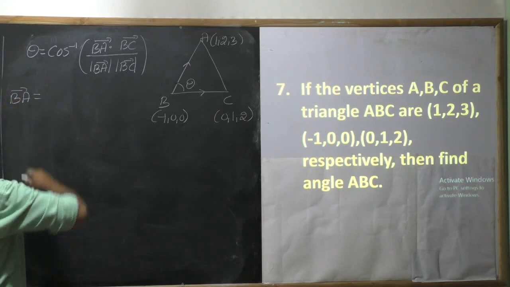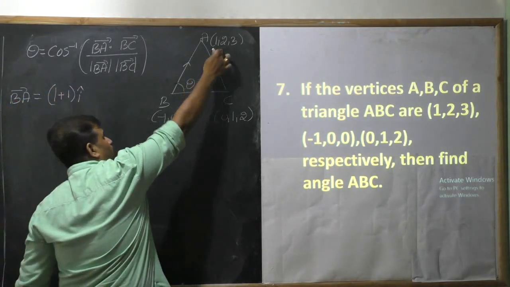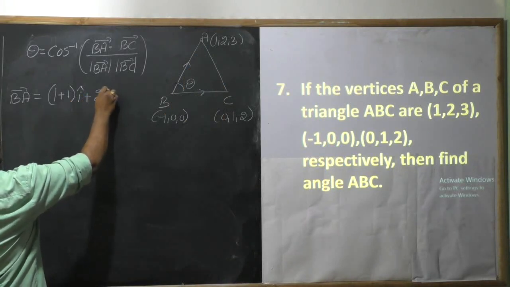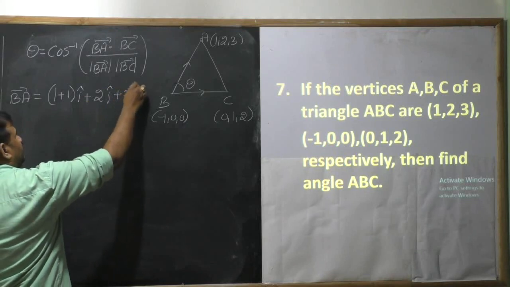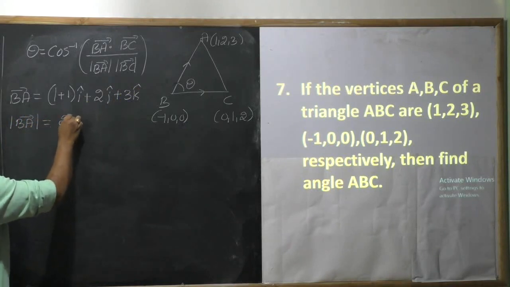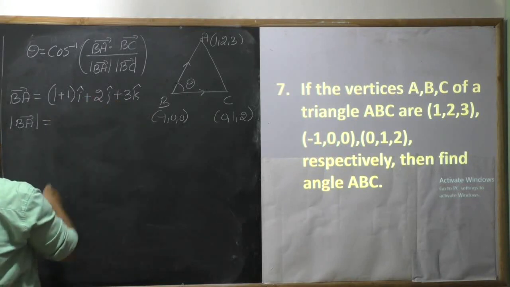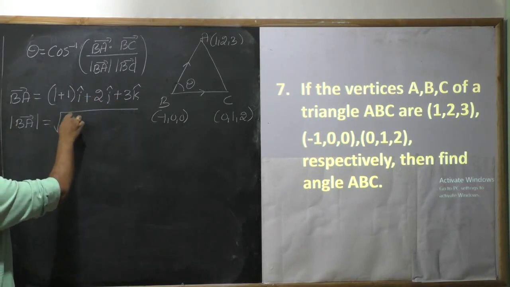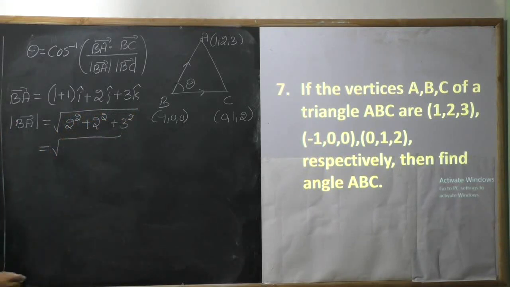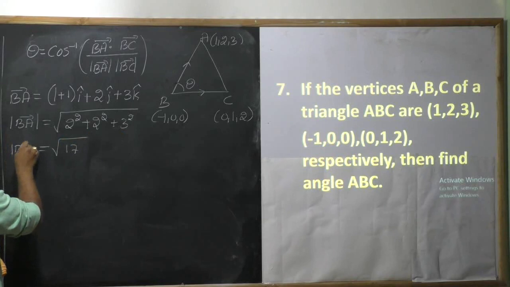So clearly vector BA is 1 minus of minus 1, that is 1 plus 1, I cap, 2 minus 0 j cap, 3 minus 0 k cap, that is 2 I cap plus 2 j cap plus 3 k cap. What is the magnitude of vector BA? It is the root of 2 square plus 2 square plus 3 square, that is root of 4 plus 4 is 8, plus 9 is 17. Root 17 is the magnitude of BA.